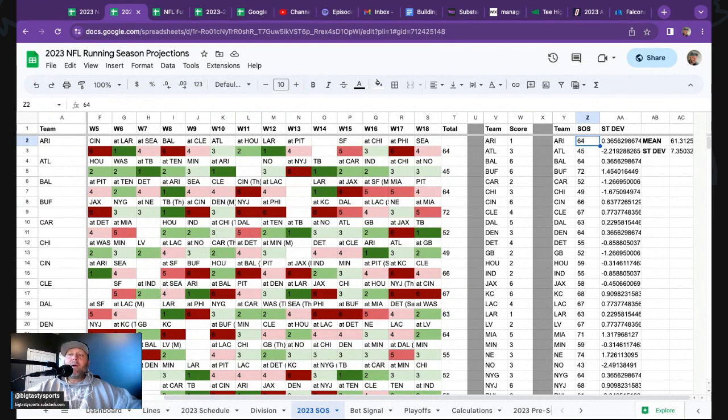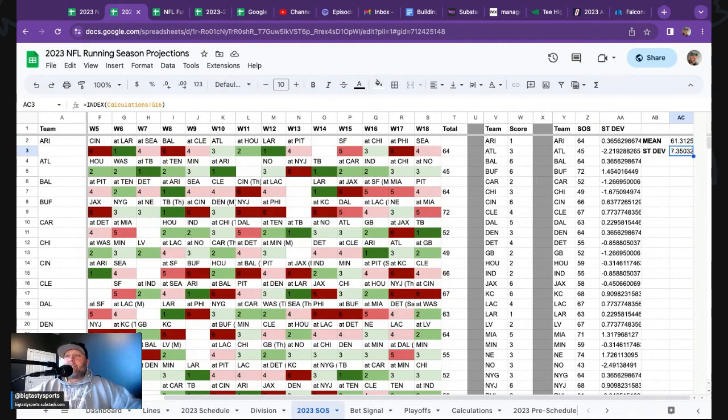The reason I went with standard deviation is that it gives you a sense of how big of an outlier a team's schedule is. In other words, if you took the mean, and I actually have the mean here, it's 61.3125. That's the mean strength of schedule. And then one standard deviation is 7.35.